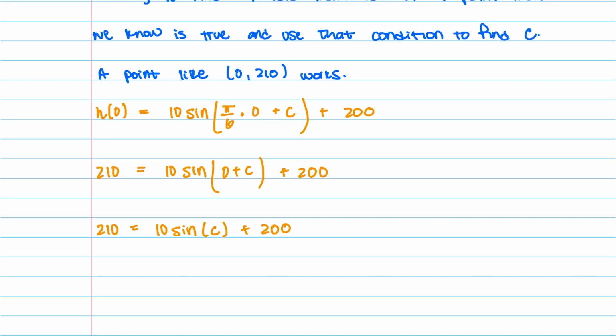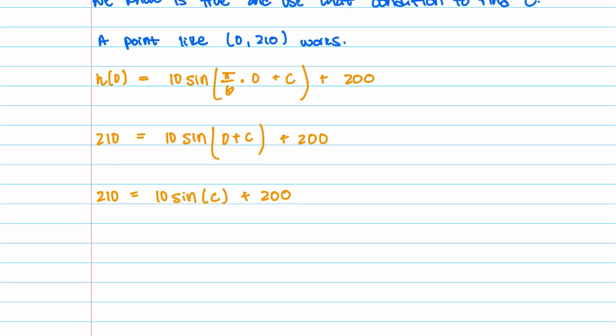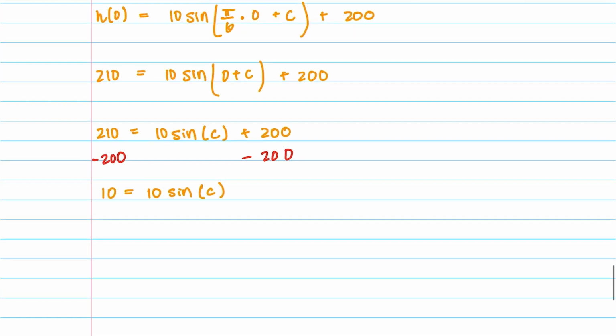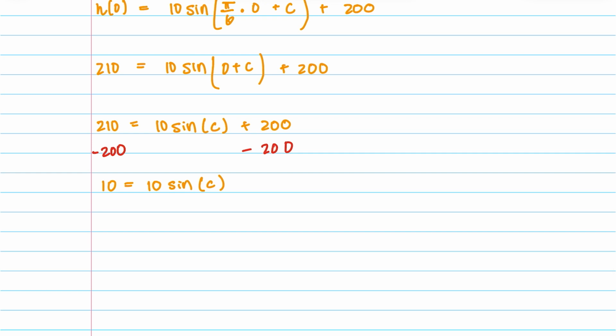Let's start simplifying this equation by moving the 200 over to the other side by means of subtraction. By subtracting 200 from both sides, we get 10 is equal to 10 sine of c. Then let's get rid of that 10 on the right hand side by dividing both sides by 10.